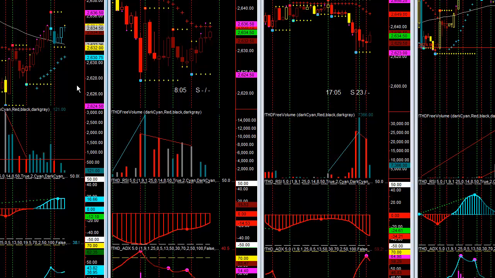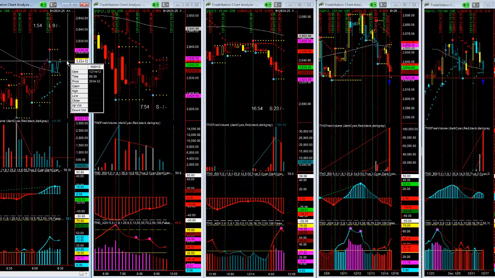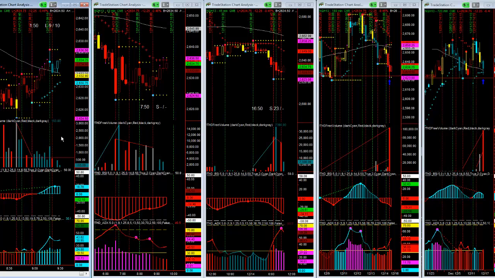There's a good chance I'll get another try because you can see that this volume here is low. And if we look at it equal to the bar prior to it, we can see the volume divergence. So hopefully it'll come back down and give me an entry, but it might not.